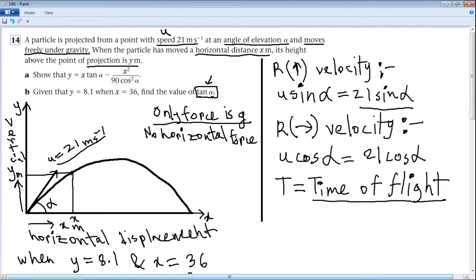They have asked us to find tan alpha, not the angle alpha. They have asked us to find tan alpha, so be careful about that.